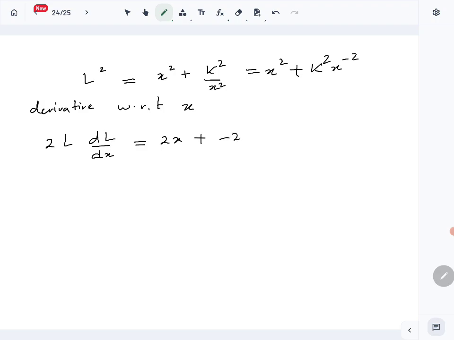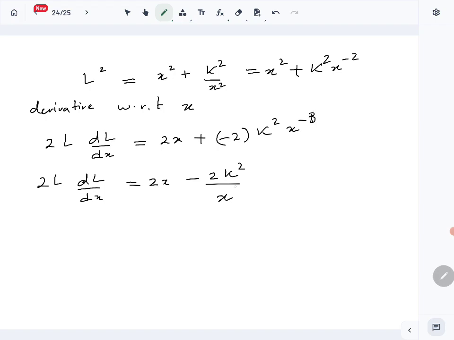So minus 2 comes down, k squared x to the power minus 1, or 2L dL over dx is equal to 2x minus 2k squared over x. Sorry, this is minus 3, minus 2 minus 1 is minus 3.